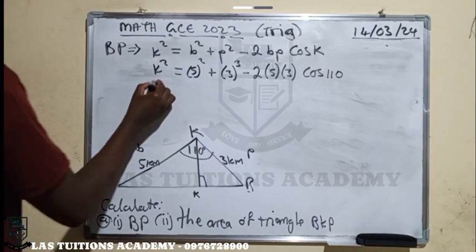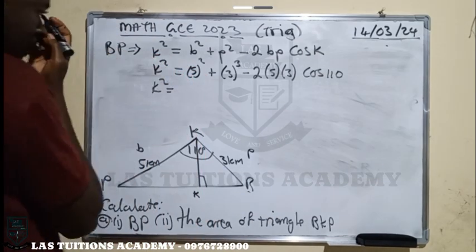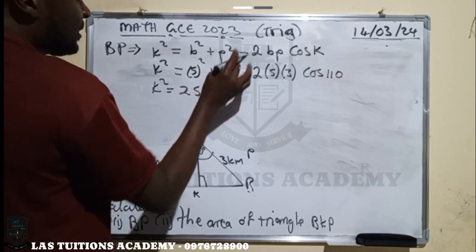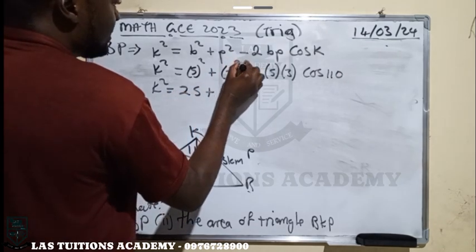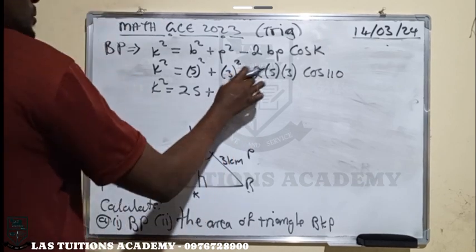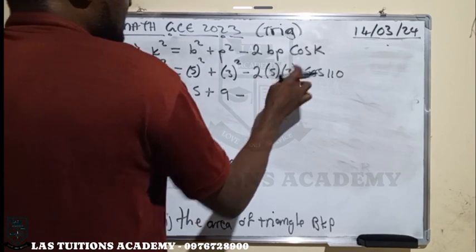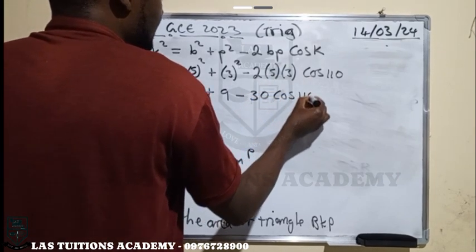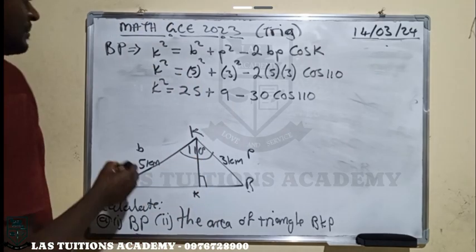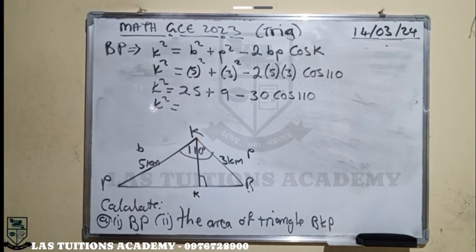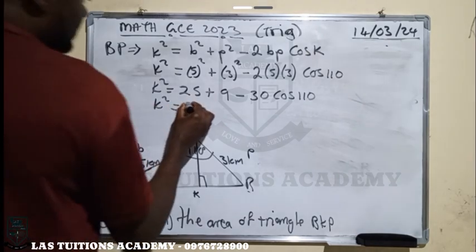So k squared is equal to 5 squared, that is 25, plus 3 squared, we have 9, minus 2 times 5, that is 10, 10 times 3, that is 30. So I have 30 cos 110. So k squared is equal to 25 plus 9, that is 34, so we're going to have 34 minus.